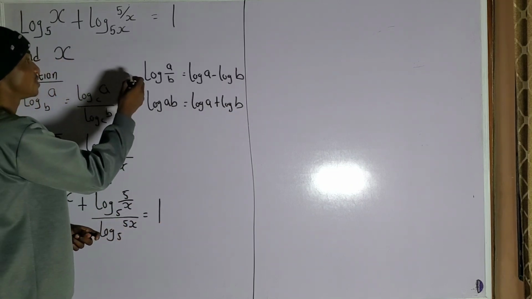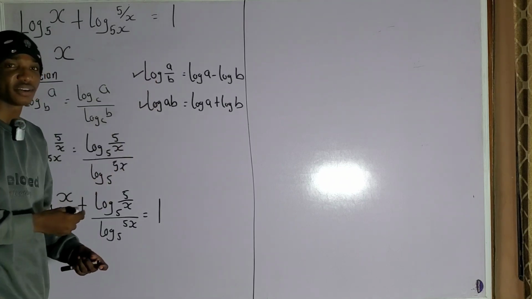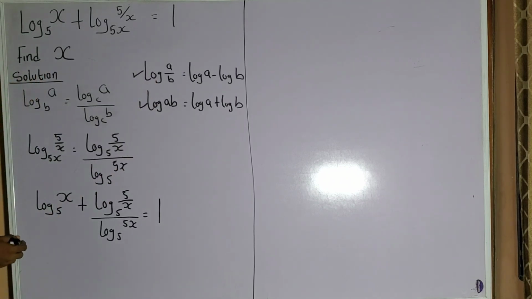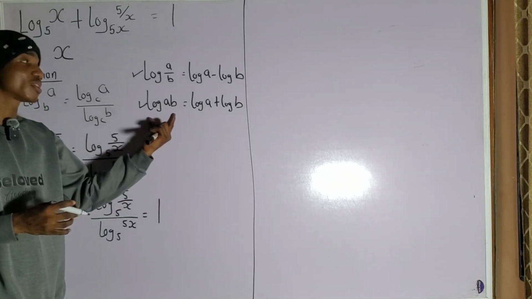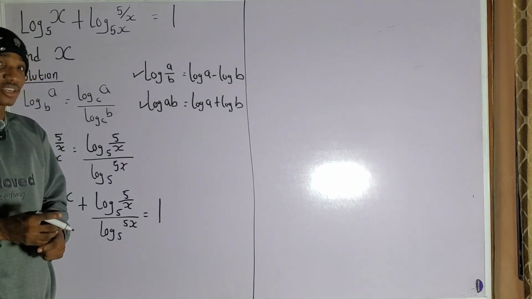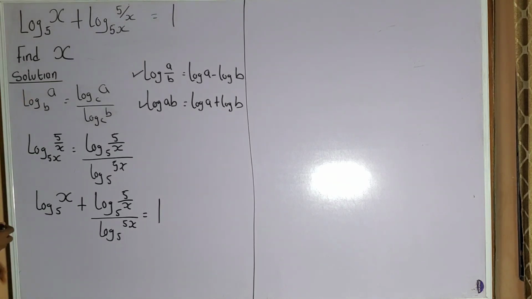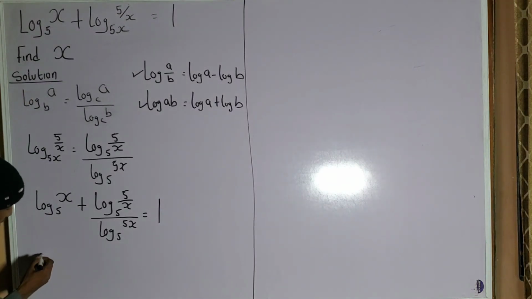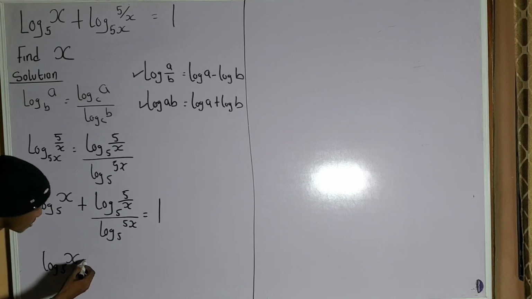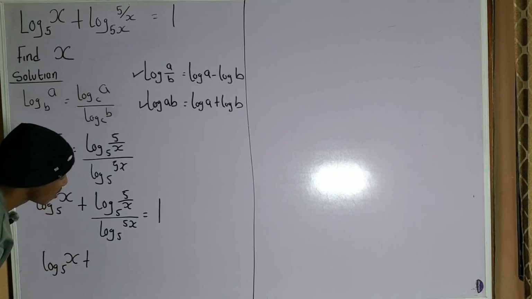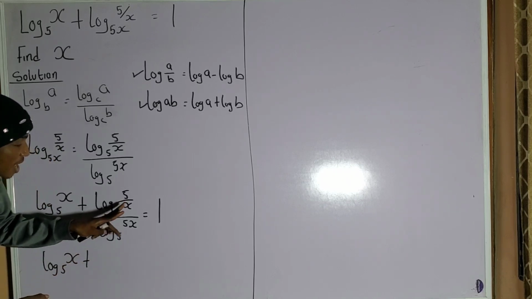So I'm going to make use of this identity and this identity respectively. The quotient of a log is the difference of the logs, and the product of a log is the sum of the logs. Do you understand?